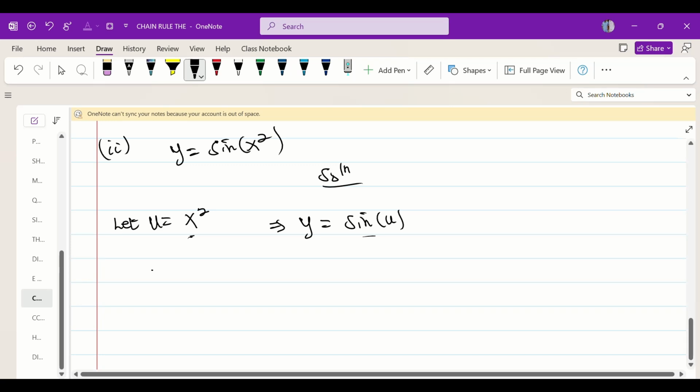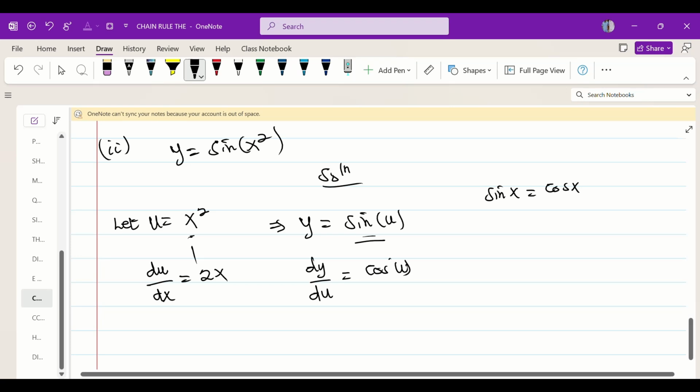So we find du/dx, which is 2x. Then our dy/du: we learned that when you differentiate sine x, you get cos x. So here too, when you differentiate sine u, you get cos u.